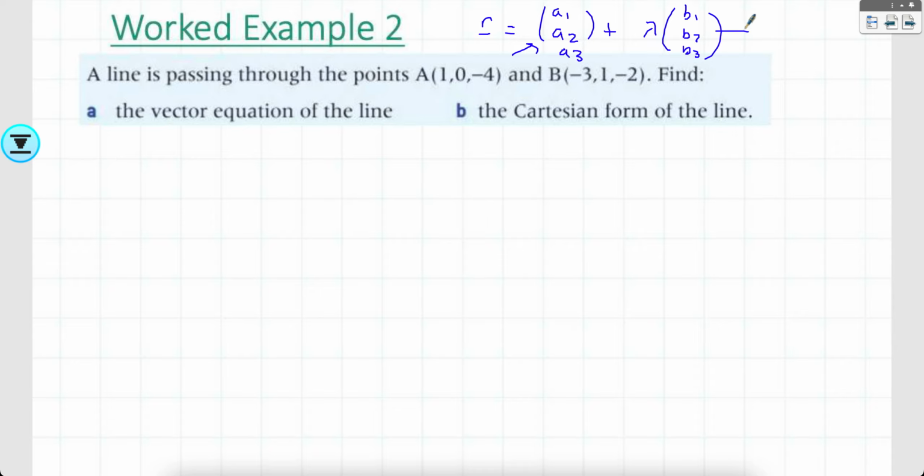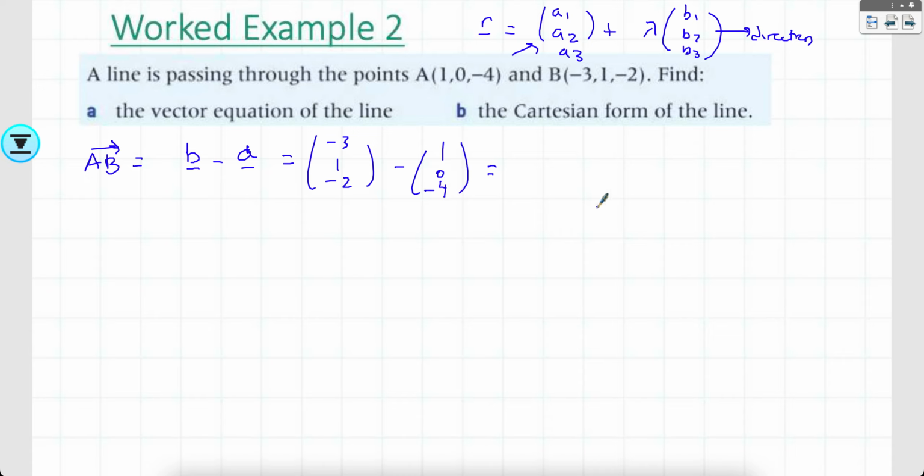But then this has to be a direction vector, so you need to find the direction first. Let's find AB, or you could do BA, that's fine. AB is going to be vector B minus vector A. So it's going to be (minus 3, 1, minus 2) minus (minus 1, 0, minus 4). And that's going to give me (minus 4, 1, 2). So that's my direction vector.